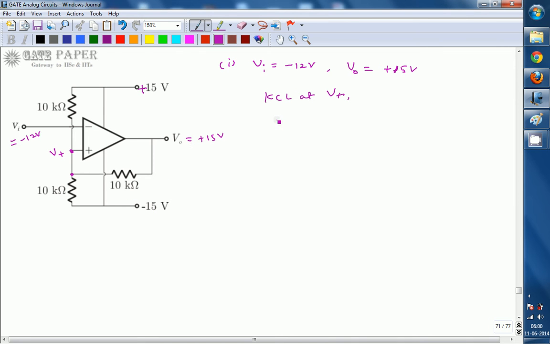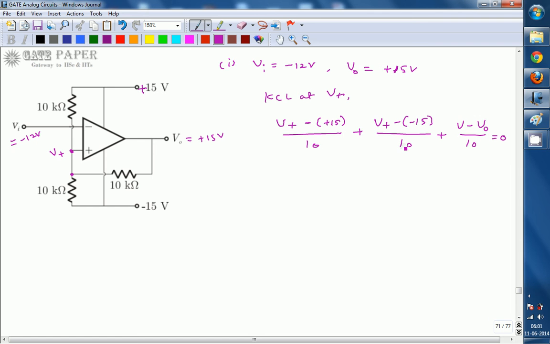So we can write it as (V plus minus plus 15) divided by 10k, plus (V plus minus of minus 15), that is the below power supply we are considering, divided by 10, plus (V plus minus V naught) divided by 10 is equal to 0.